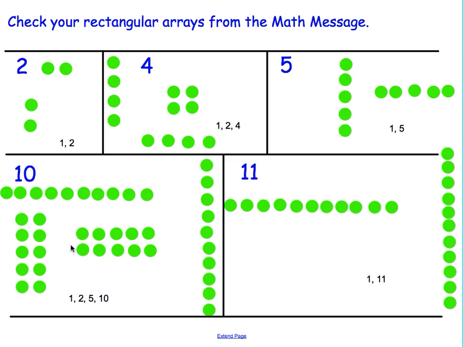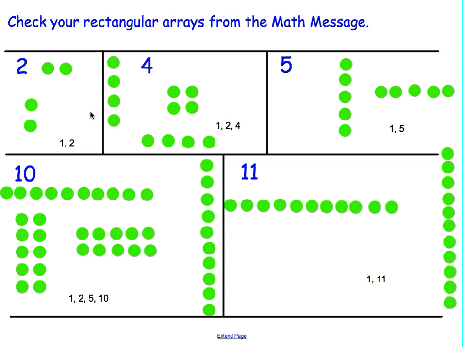The reason I was able to make more arrays is because the number 10 has more factors. It has the factors 1, 2, 5, and 10. Whereas number 11 only has 2 factors, 1 and 11. I could only make 2 arrays, either a 1 by 11 or an 11 by 1.